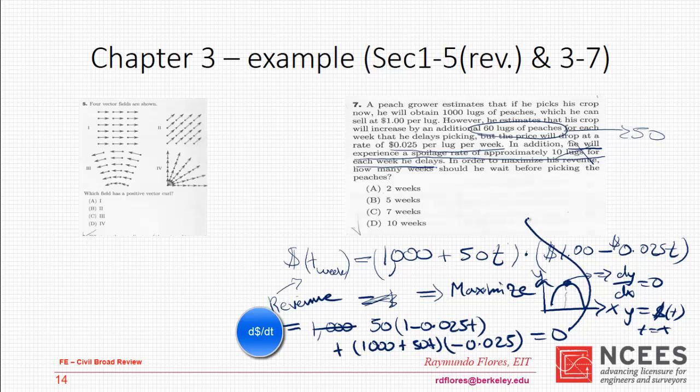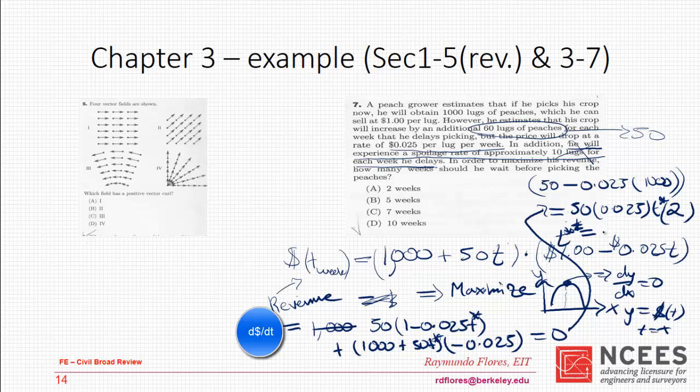What do you get? Well, let's just see. You get that, we have to move everything to one side, so we get 50 minus 0.025 times 1,000 is equal to, in this case t star, whatever you want to call it, 50 times 0.025 times t star, and then because you're moving it to one side, plus the same thing, in this case, 10 weeks.